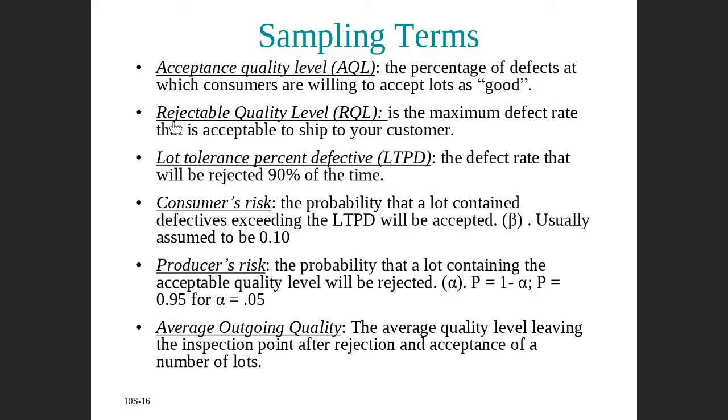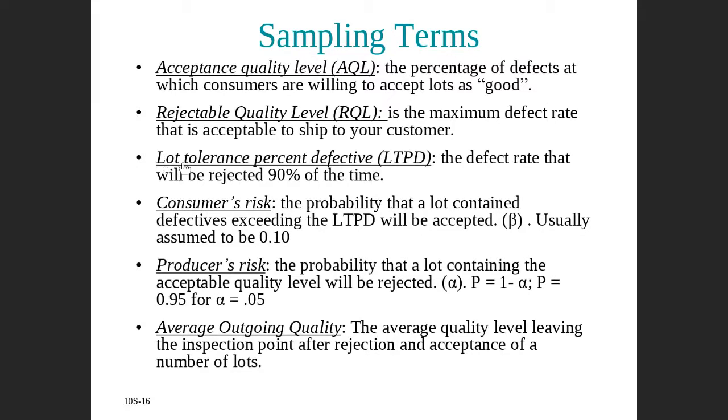The RQL is the opposite, which is the maximum defect rate, or the maximum percentage of defects that is acceptable to the customer or consumer, and they also call it the rejectable quality level. So the percentage of defects that is accepted and the percentage of defects that is rejected is the RQL.